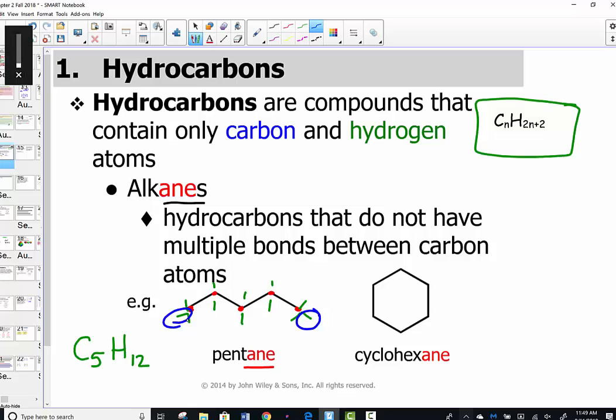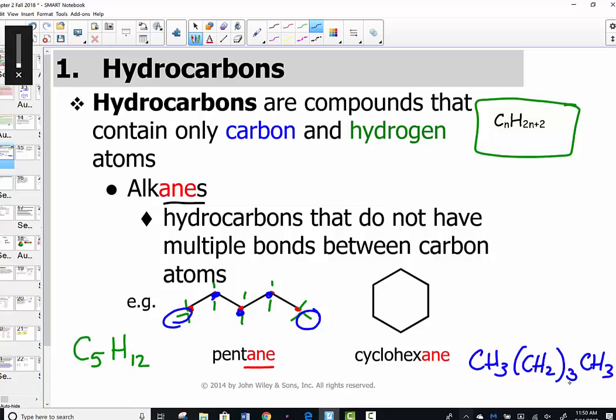So you might see this written as CH3, parentheses, CH2 taken 1, 2, 3 times, and then there's the terminal carbon at the end. We practiced writing formulas like that in Chapter 1 as well. So CnH2n+2 gives me the general formula: double the number of carbons, add 2 more H's to satisfy the ends, and you've got the formula.